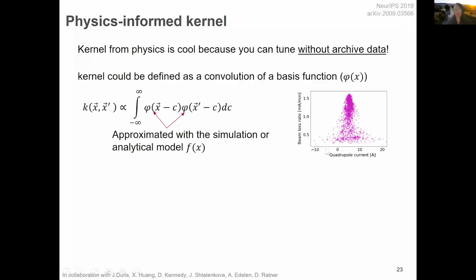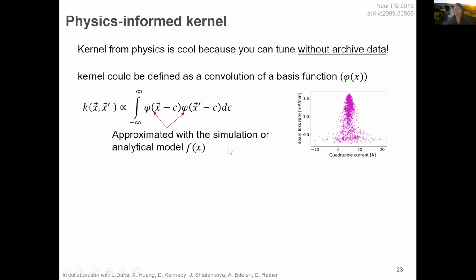So for example, in Sphere 3, we have beam loss rate versus quadrupole, and this is typically the shape of it. So we could choose maybe rational quadratic or Matern kernels to capture this shape. But we could also calculate this basis function from the simulation and compute the kernel.